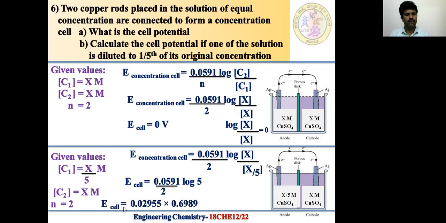The EMF of the cell is equal to 0.0591 divided by 2, which is 0.02955, times the value of log 5, that is 0.6989. Hence, the final EMF of this concentration cell after the dilution will be 0.0206 volt. So this is about problem number 6.